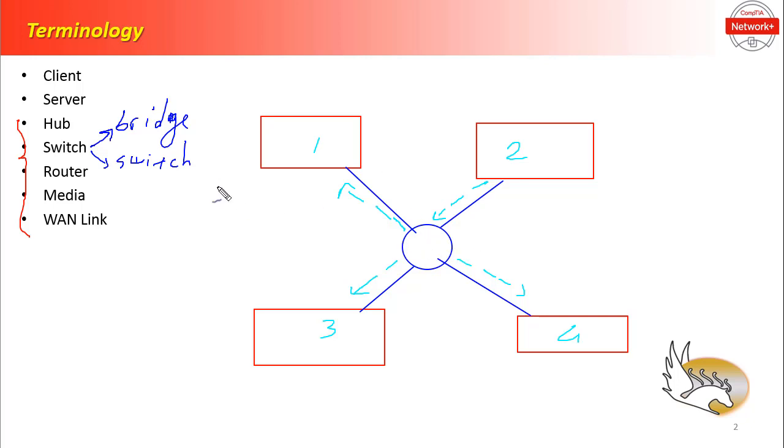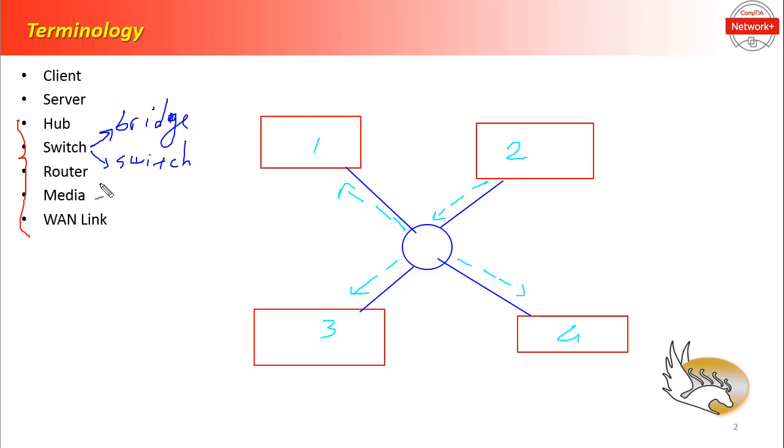It has some other functions that we are going to speak about in later section. But still, it is kind of a connection inside a LAN. What if I want to connect to another LAN, another network? In that case, I would need to use a router.